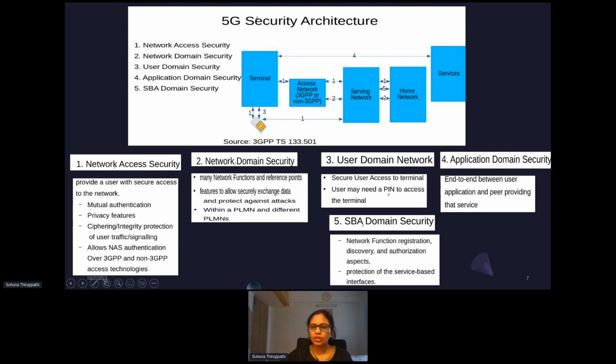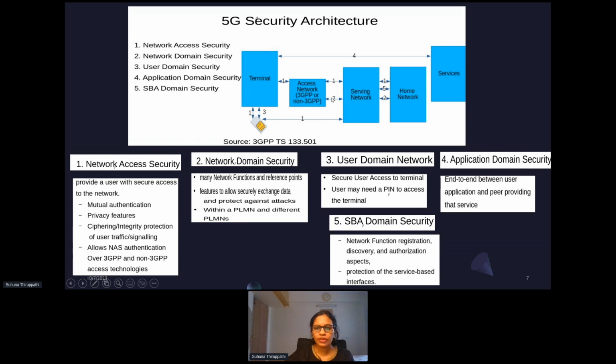So yeah, this is what the application domain is. The fifth one is between service-based architecture to between the serving network to home network. So the functionalities that are covered as part of the first network access security are mutual authentication, privacy features. It provides ciphering and integrity protection of user traffic and signaling, and allows NAS authentication over 3GPP and non-3GPP access technologies.